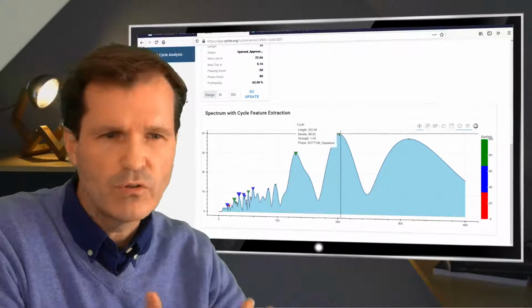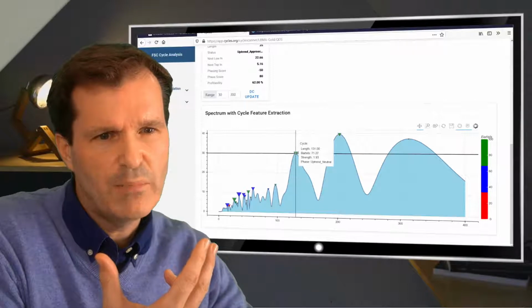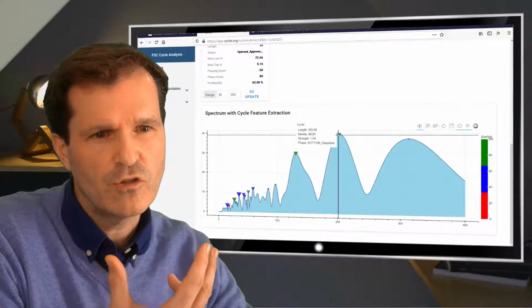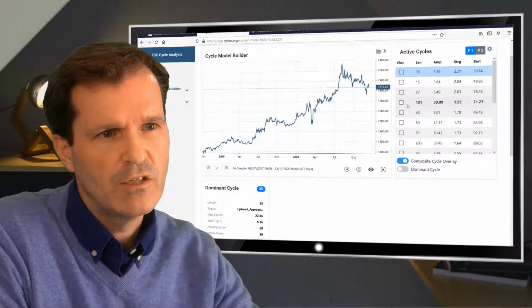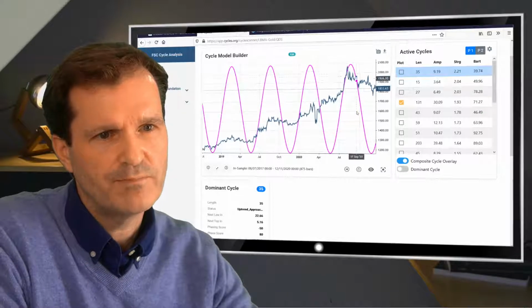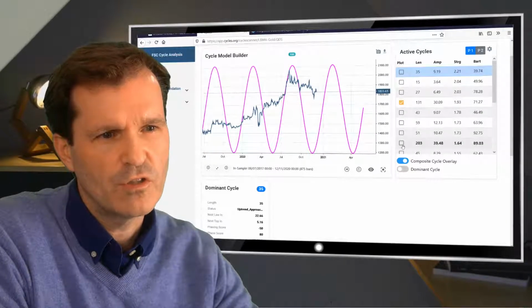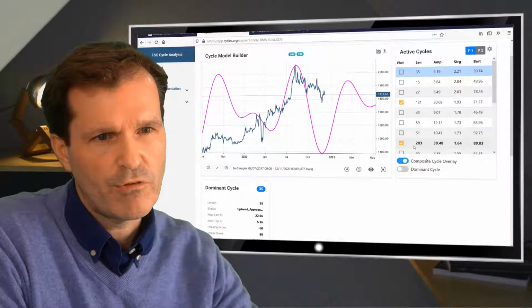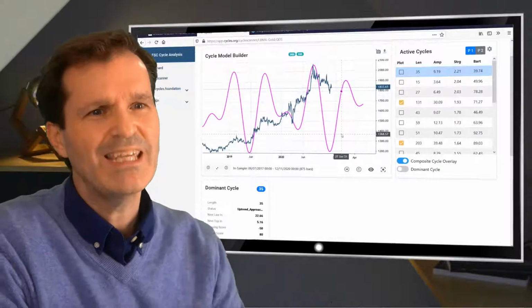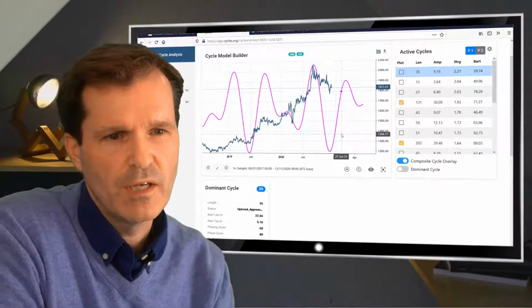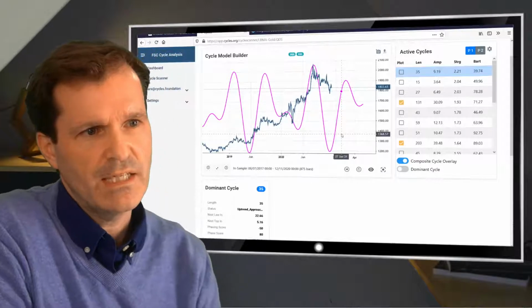So both cycle peaks here, 131 and 203. Here's the 131 cycle, and the other one was the 203 cycle. These would be the key two cycles I would pick in this case.